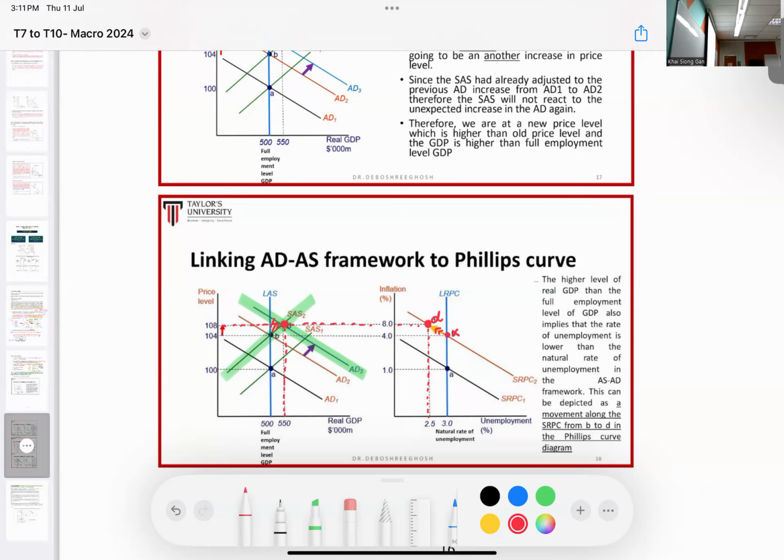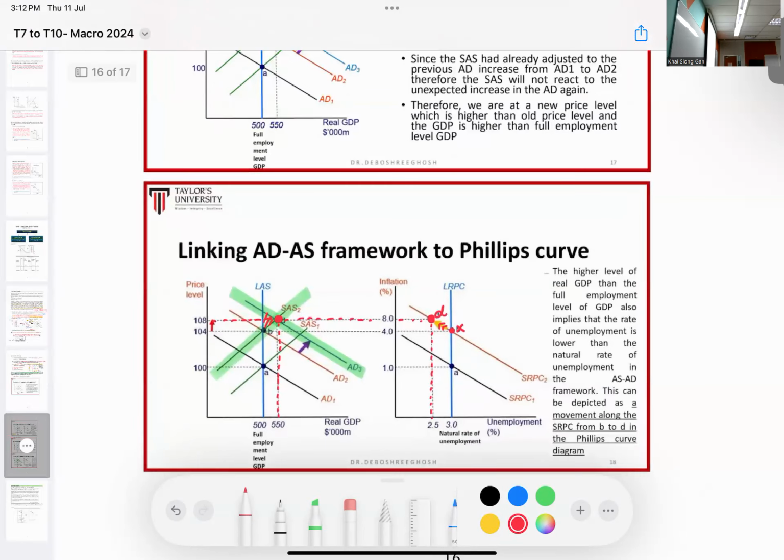Remember, AD curve, movement along the Phillips curve. So when AD shifts way more, it will be translated into the movement along the Phillips curve itself. So higher inflation and lower unemployment trade-off. So this will be the outcome.